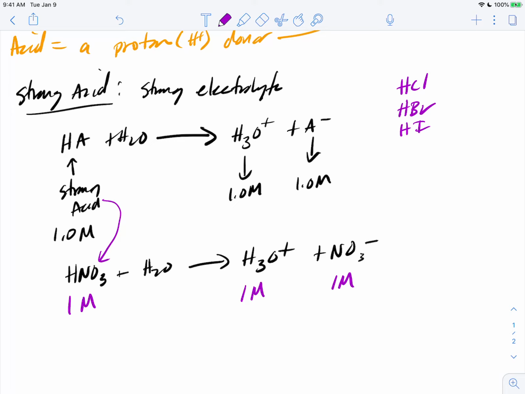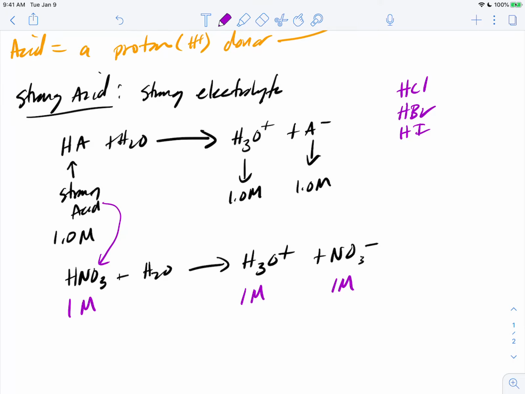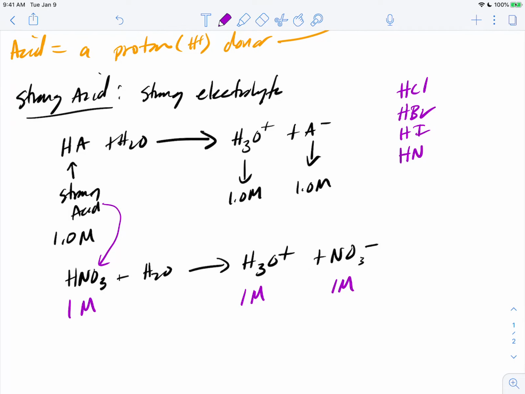HF is a weak acid, and that mainly has to do with its small size and high electronegativity. Fluorine is very special in that regard. So no HF, but we have HNO3, nitric acid, sulfuric acid, H2SO4, and perchloric acid, HClO4.